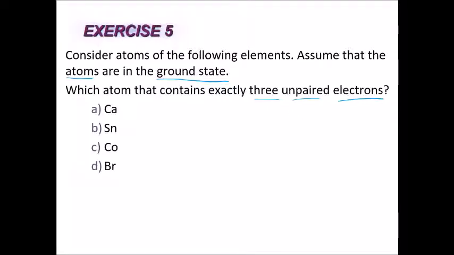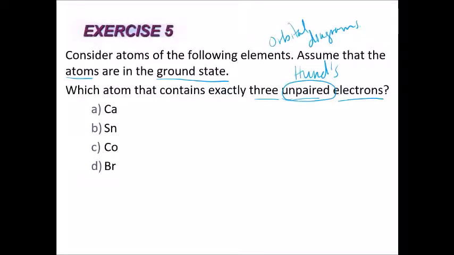Whose rule has to do with pairing? Hund's rule, good. Somebody said Hund's rule, correct. And when we want to do Hund's rule, what do we really need to use? What representation? Yes, those boxes and arrows, we call those orbital diagrams. We need to use orbital diagrams. And then we can tell who's paired and who's unpaired.